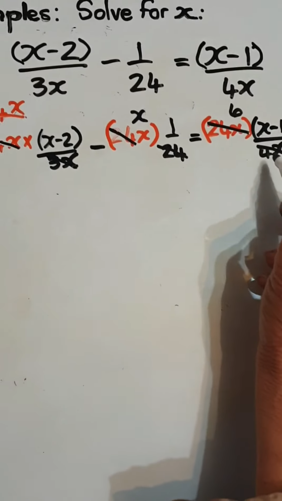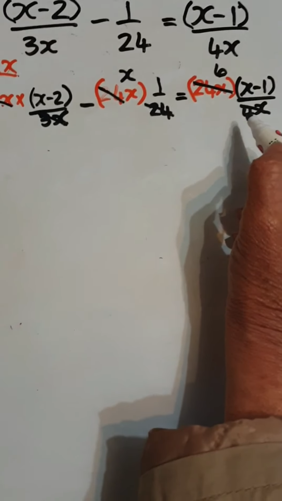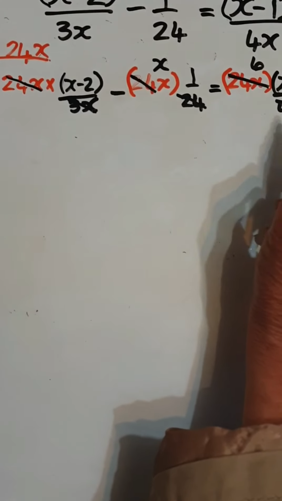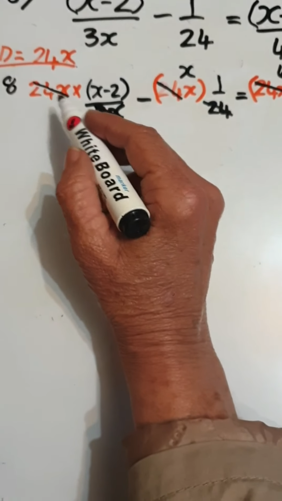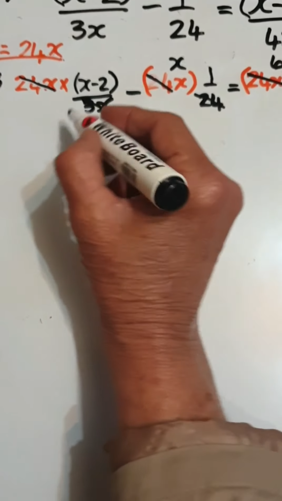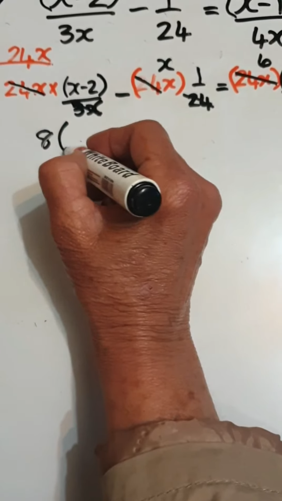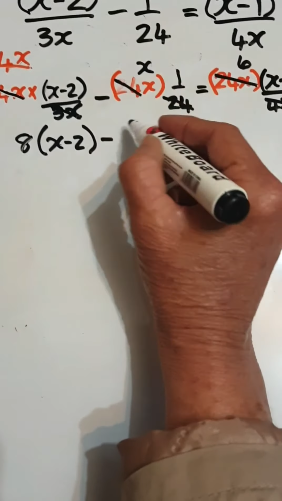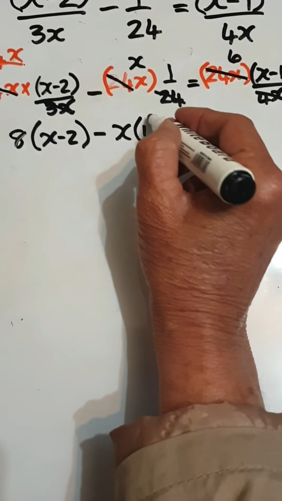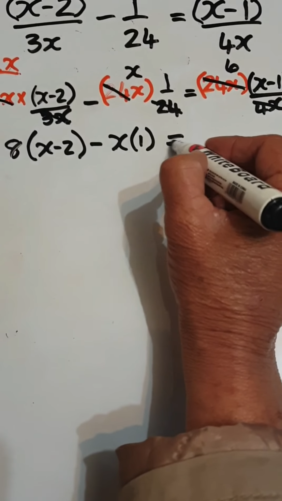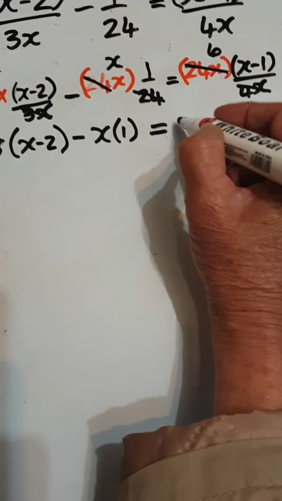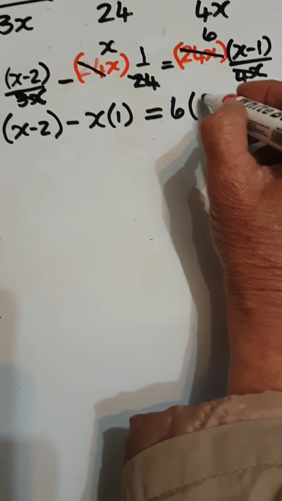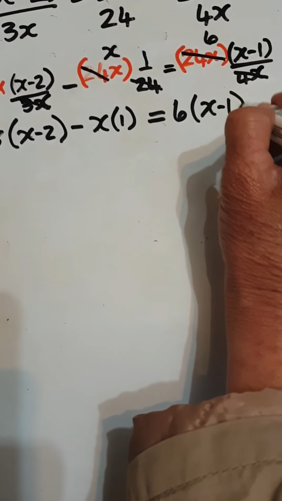My denominators are going to be gone, and my fractions are gone. So I just have 8 times x minus 2, minus x times 1, and that must be equal to, on that side, I have 6 times x minus 1.